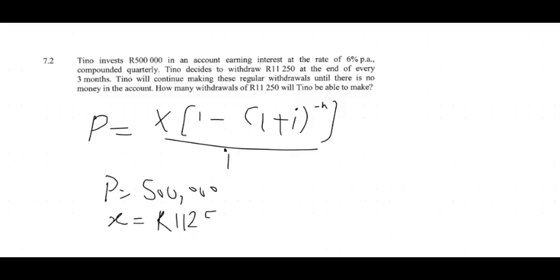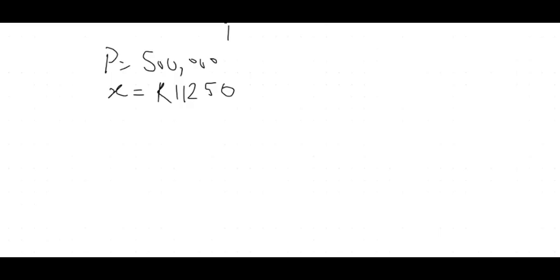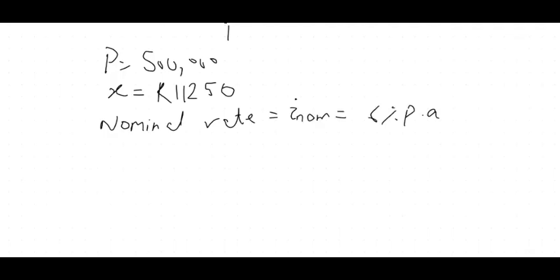The nominal rate, which we call i nominal, is 6% P.A., which we can write as 0.06. The compounding frequency is quarterly, so m equals 4.